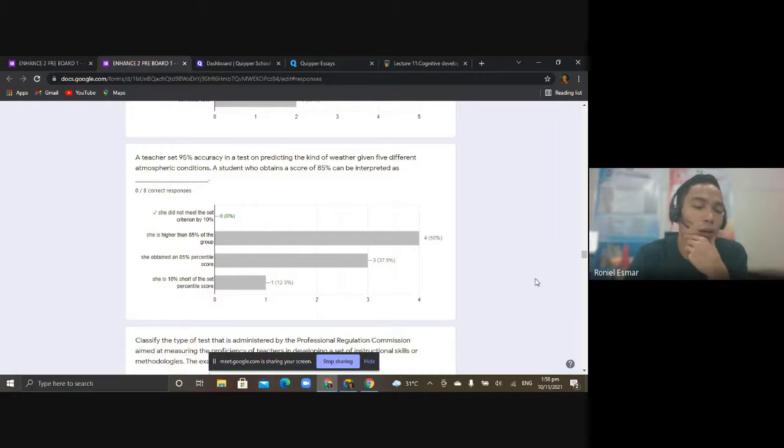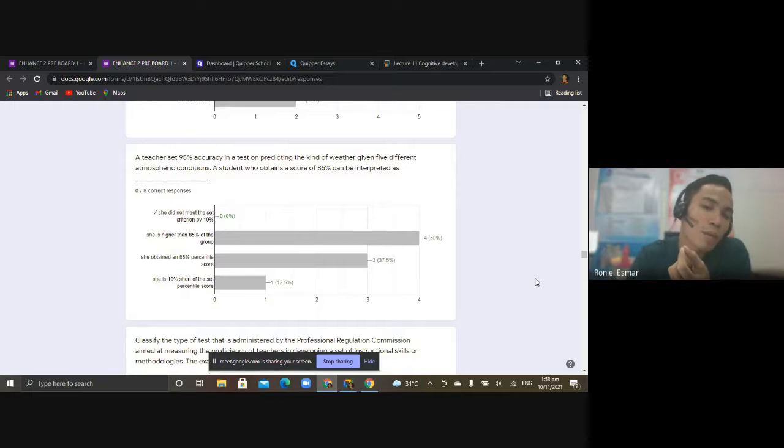Number 3 ay option number 4. She is 10% short of the set percentile score. The set percentile score di ay no ang is it the percentile score ang gimin sa teacher ani when she said nga 95% accuracy? Because again, if it's a percentile score, dapat ang score nimo is greater than the 95% population of the whole class.